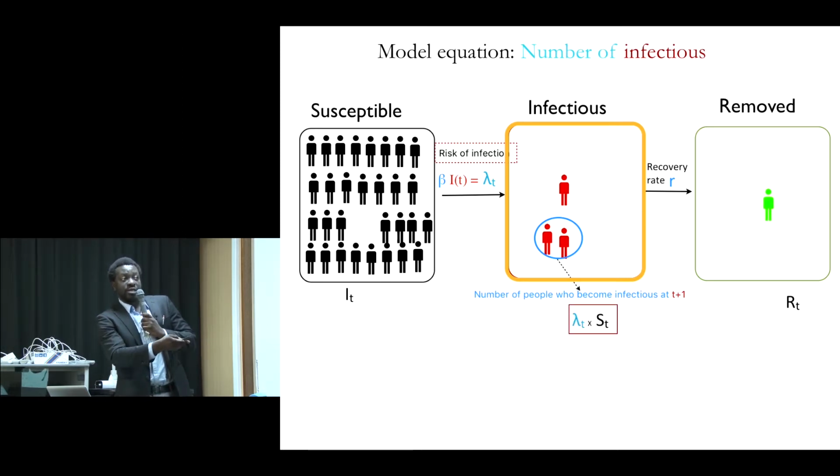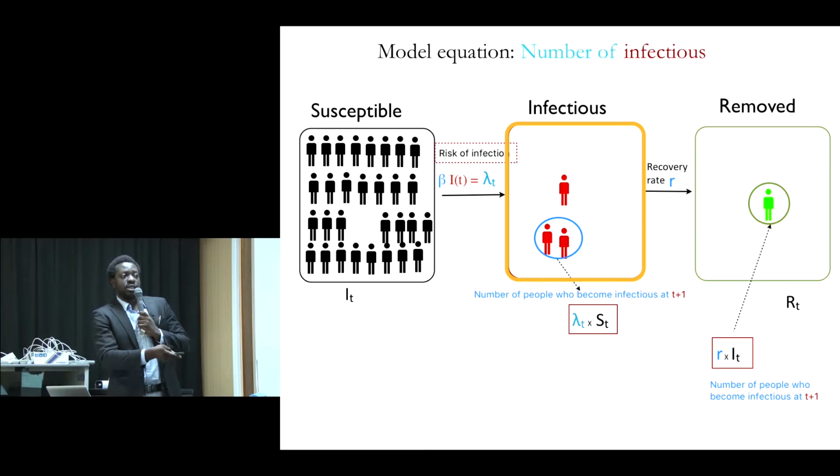And we have a minus. This is the one who become immune, leaving the box. It's given by this formula here: the recovery rate multiplied by the infectious.